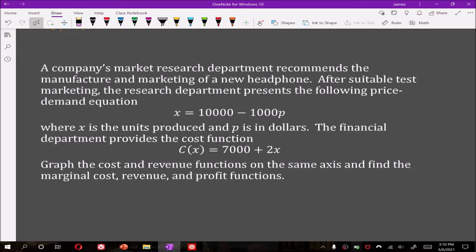After suitable test marketing, the research department presents the following price-demand equation, where X is measured in units, it's the units produced, and P is in dollars. The financial department provides the given cost function. We are asked to graph the cost and revenue functions on the same axis and find the marginal cost, revenue, and profit functions.